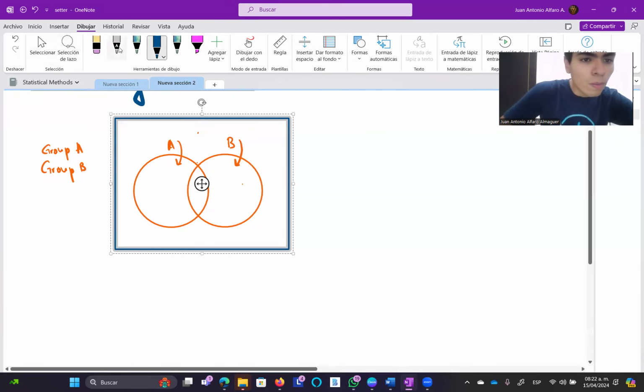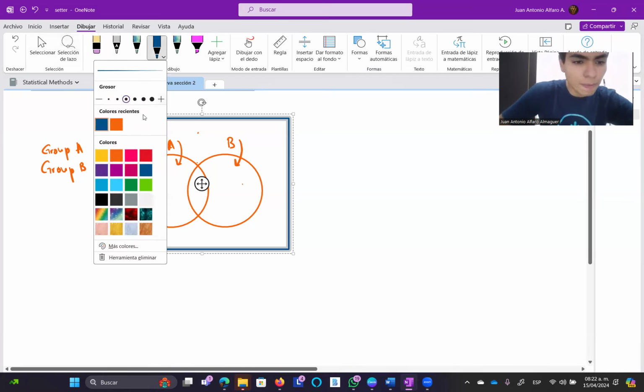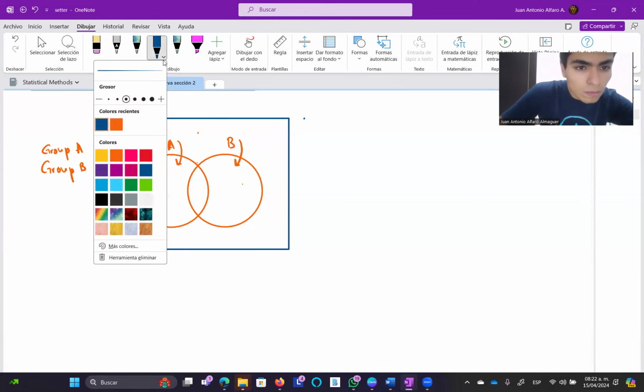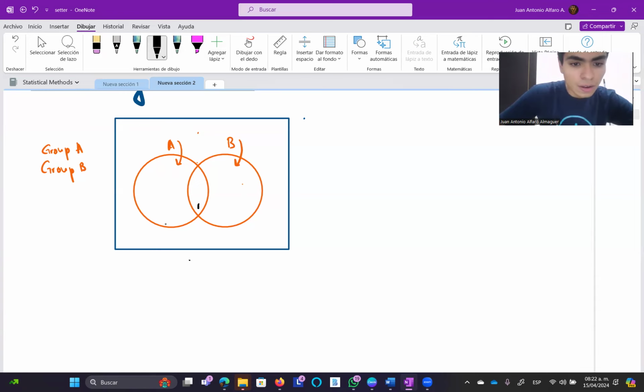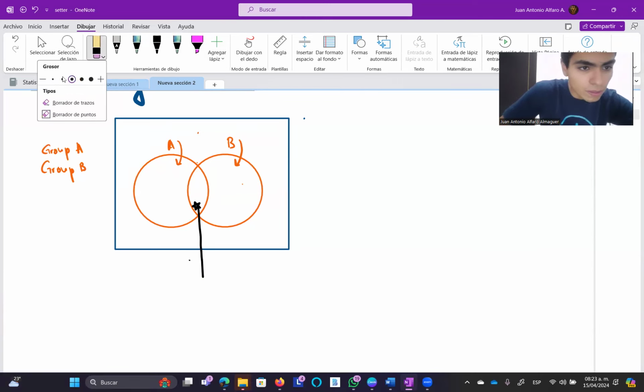When we are talking about the data or the events that are inside of both groups simultaneously, I don't know why it's drawing such a star, I don't want that.